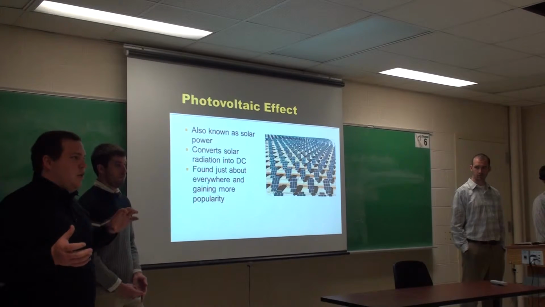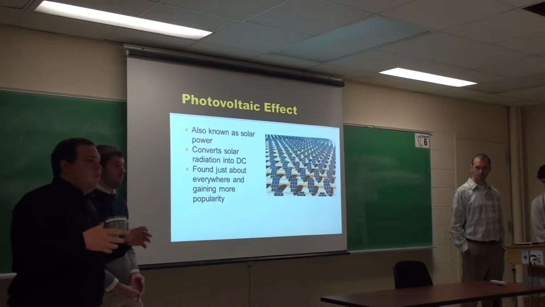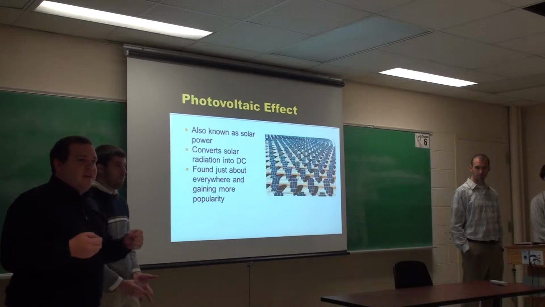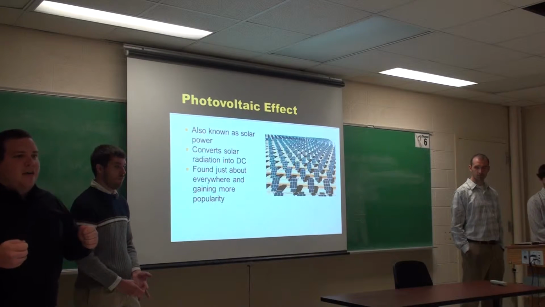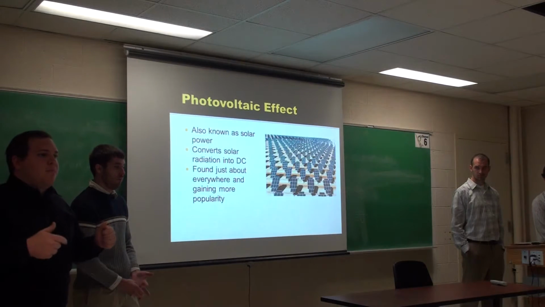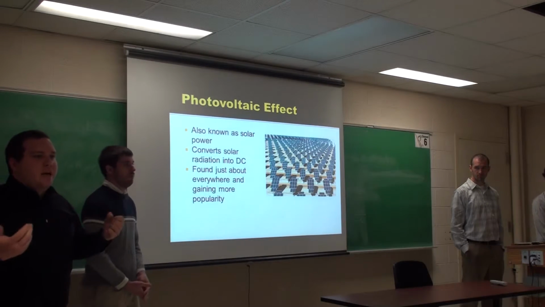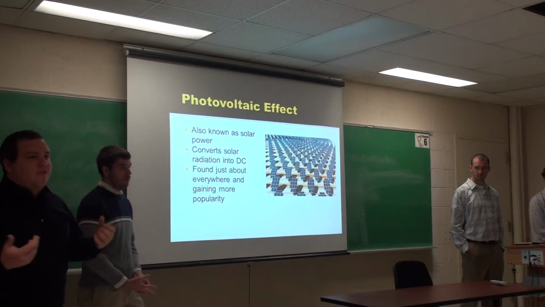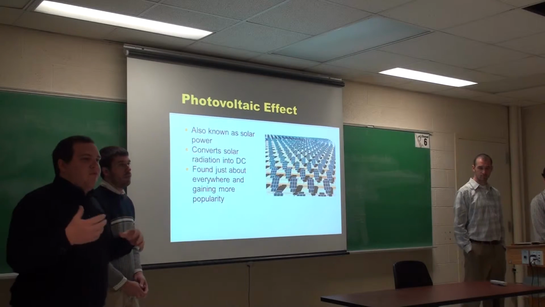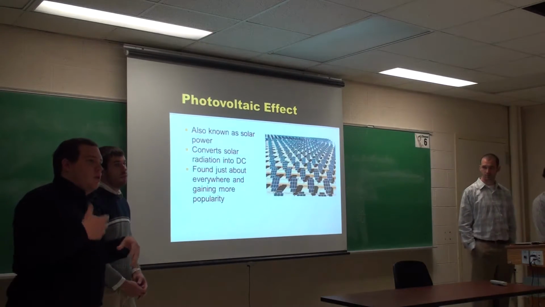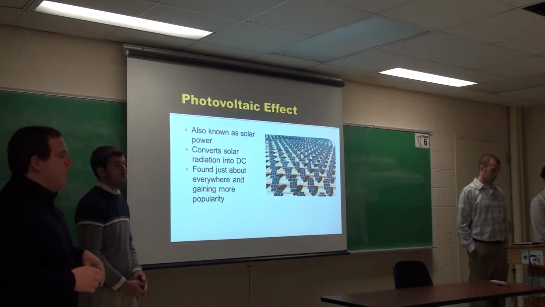The sun actually gives off about 122 petawatts to the Earth's surface, which is times 10 to the 15th. And in 2005, the world combined only consumed 13 terawatts of power. So that just shows you if we can perfect it and actually consume all the solar energy, we would be able to have a lot of power.